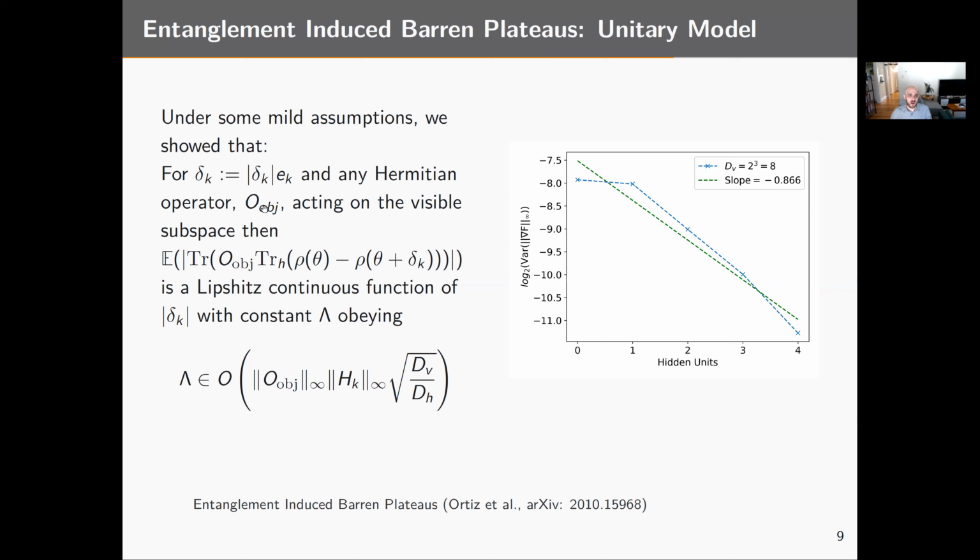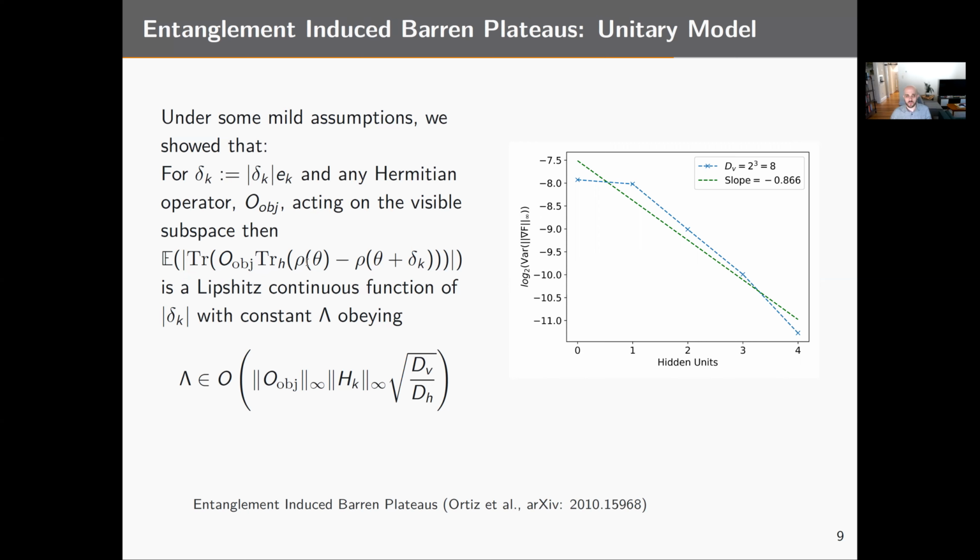And for any Hermitian operator that we're going to denote by O, the objective, acting on the visible subsystem, we considered objective functions of the form trace of the Hermitian operator acting on the visible subsystem of our state.